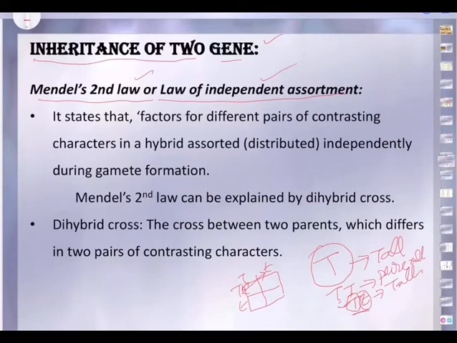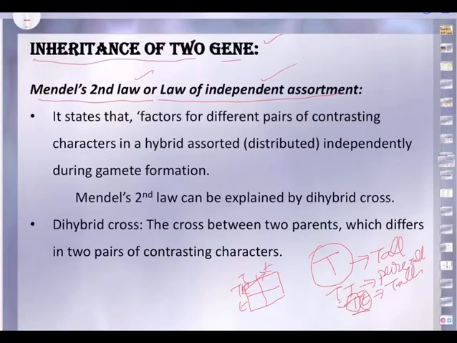Now we are going to study the third law, the law of independent assortment. It states that genes of different characters located in different pairs of chromosomes are independent of one another. That means they have freedom in their segregation during gamete formation.